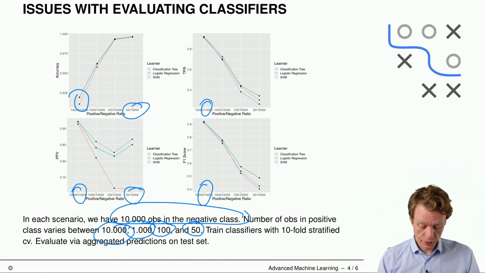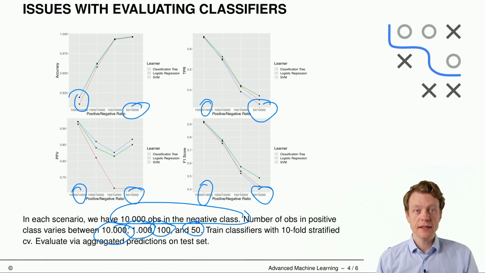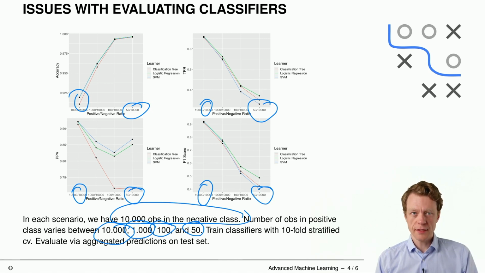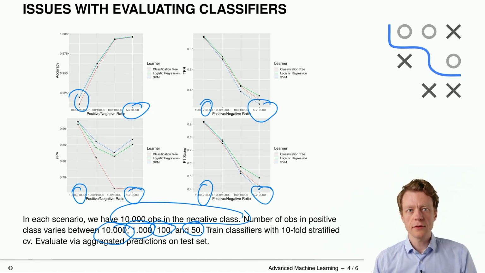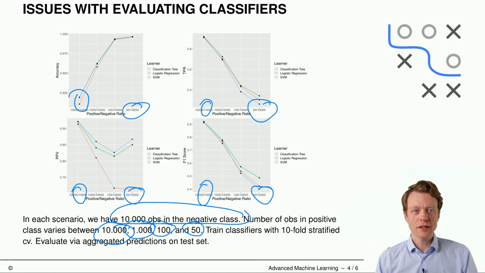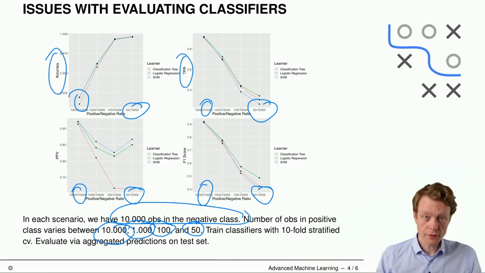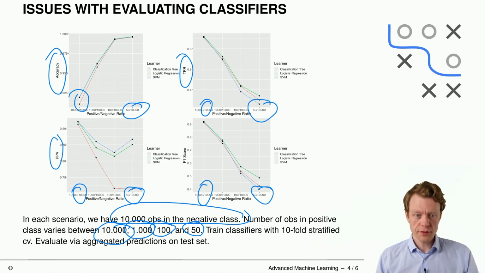On the very right hand side we have a very imbalanced data set of 50 positive instances compared to 10,000 negative instances. Then we train our classifier with tenfold stratified cross-validation, evaluated on the test set regarding different performance metrics. We have accuracy, true positive rate, so recall, positive predictive value or precision, and the F1 score, which balances the TPR and PPV, so the recall and precision.